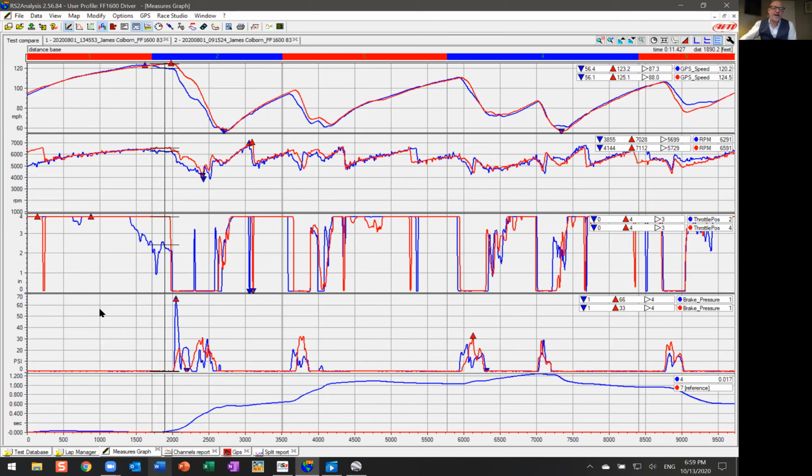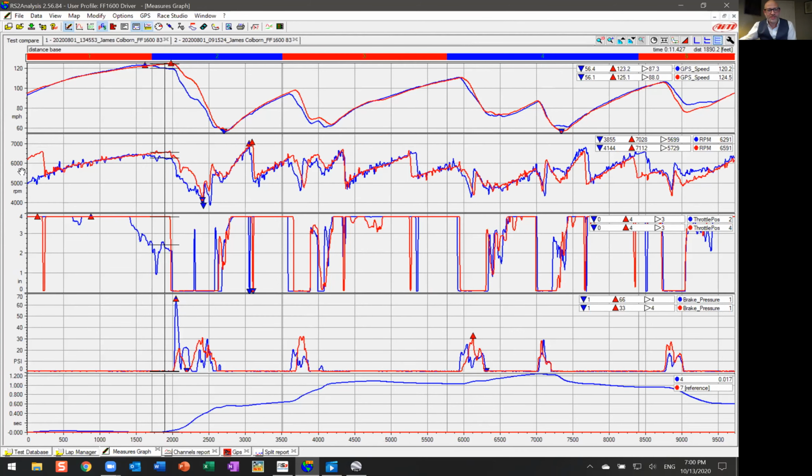But for me, I've had this same order of how data has been set up for quite some time now. Basically, I've always loved to have speed at the top, then RPMs, then throttle, then brake. That's the way my brain always goes, because that's how I like to outline the data as I'm looking at it.